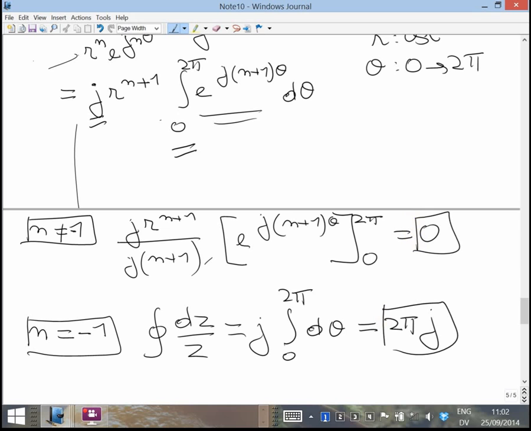So the integral of z to the power of n is 0, except when n is equal to -1, and then it's 2 pi j. Some remarks. First of all, these results are independent of the radius r, so whether you have a tiny circle or a huge circle, the end result is the same.